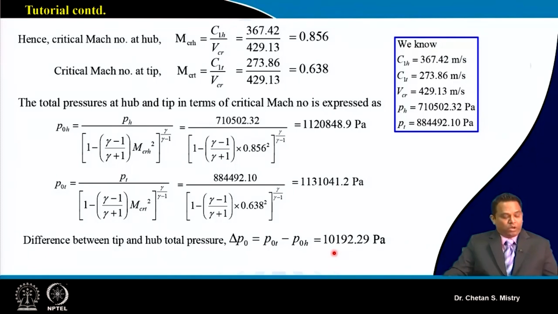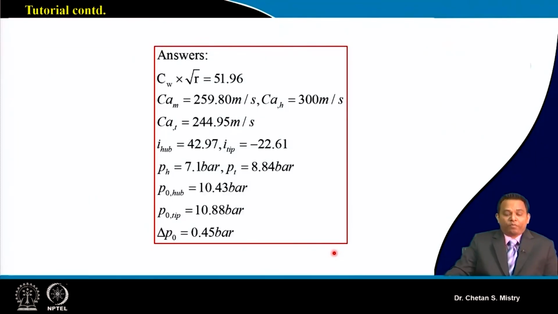Okay, so let's do the compilation of what we have learned. We have calculated our tangential velocity variation, Cw into square root of r equal to constant. That constant we have calculated; it is 51.96. We have calculated our axial velocity variation at mid station, hub station and tip station.